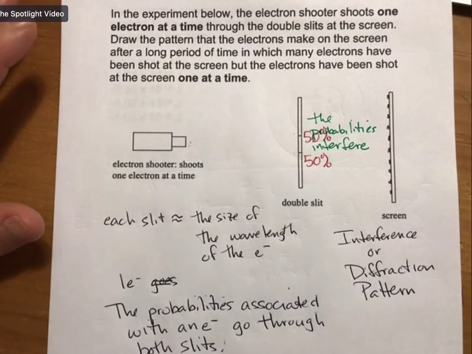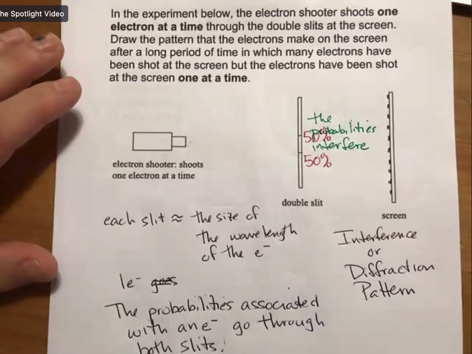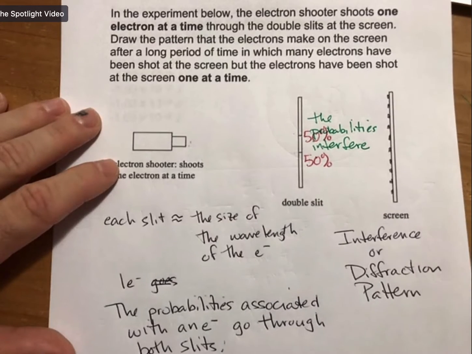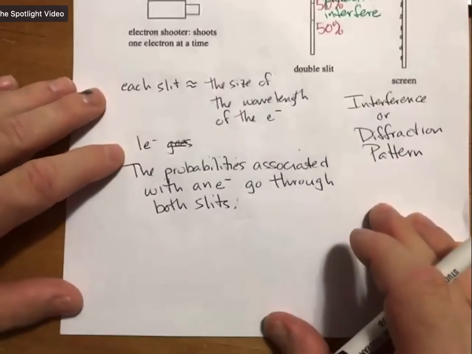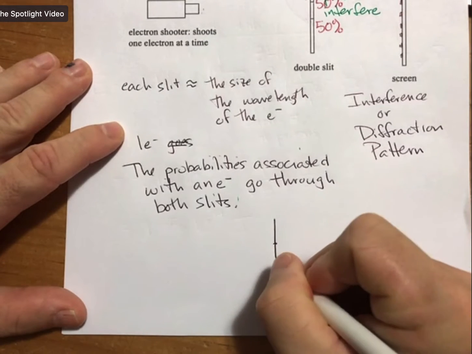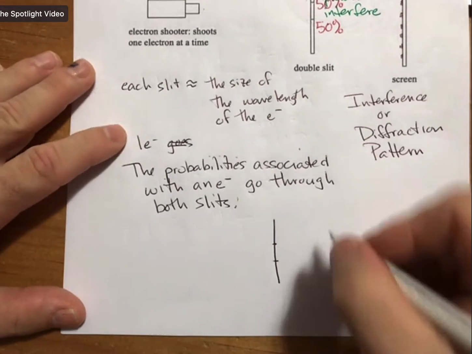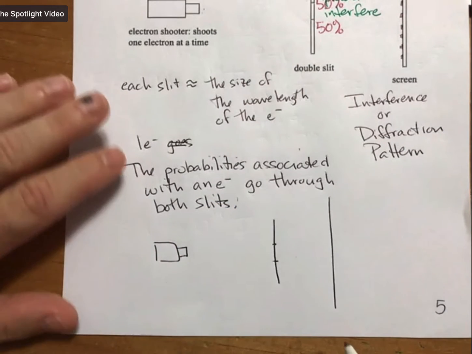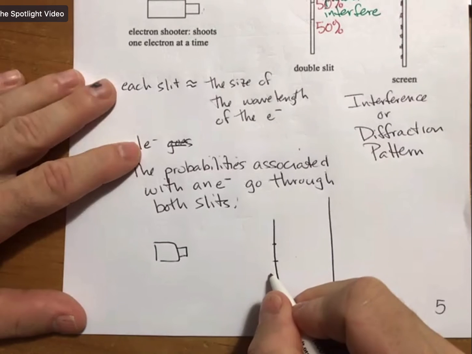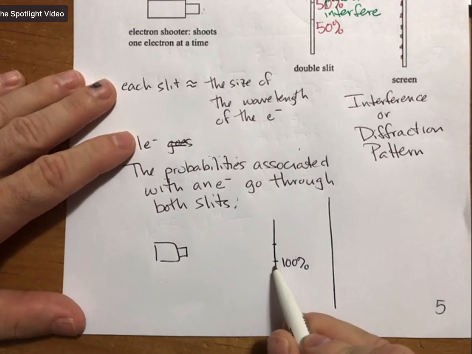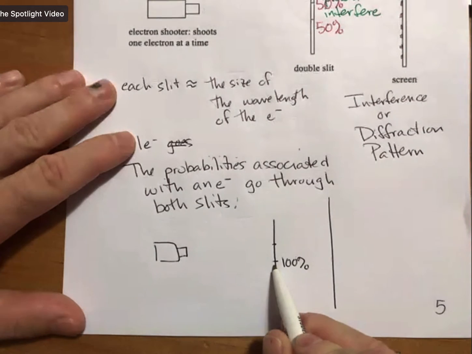So then we go to a place where, and I shouldn't have used red for that, but so now let's do a double slit experiment, and I'll do this down here, where we have two slits and a screen and an electron shooter. And now we observe that the electron goes through this slit.